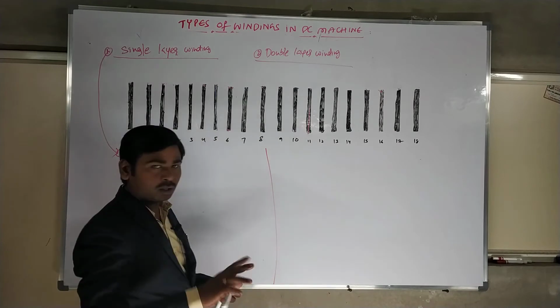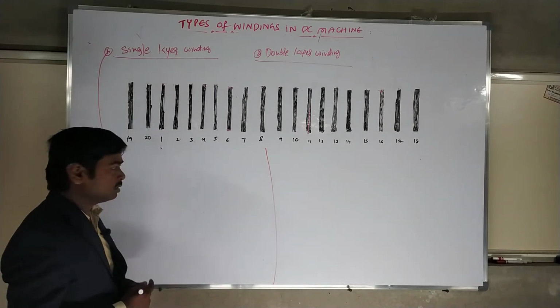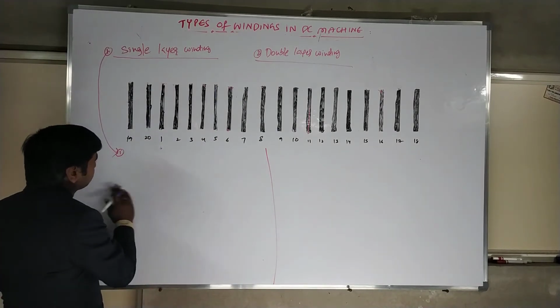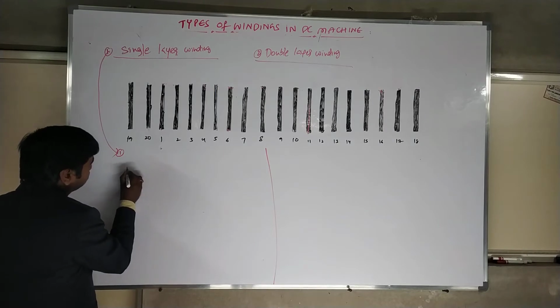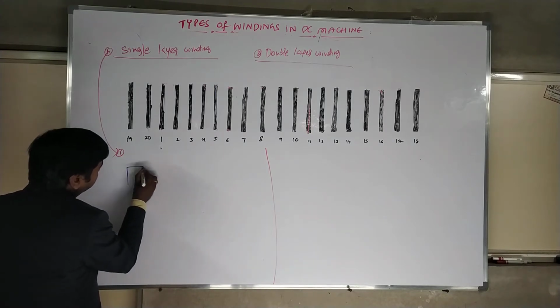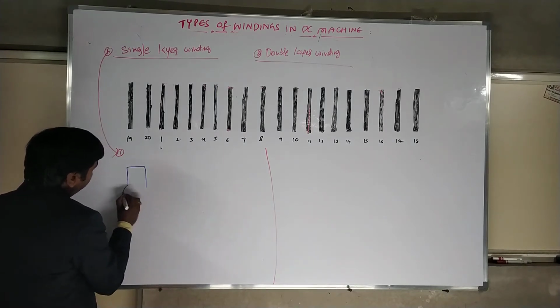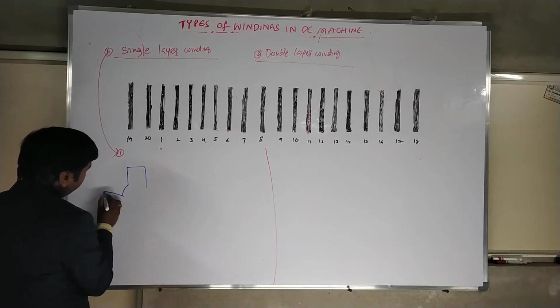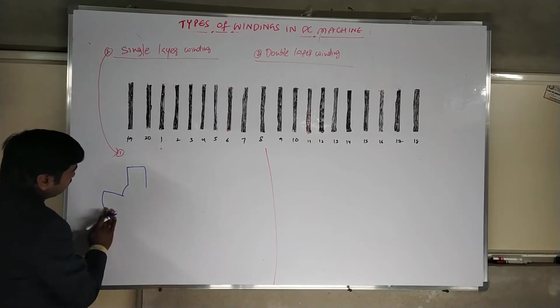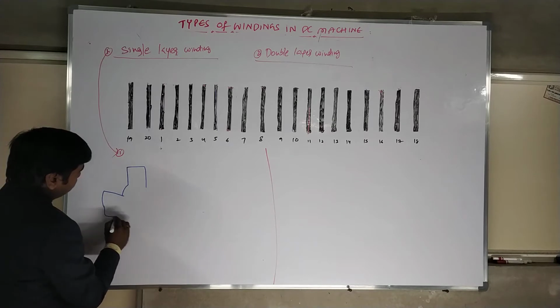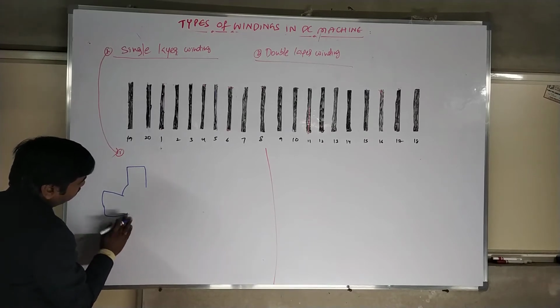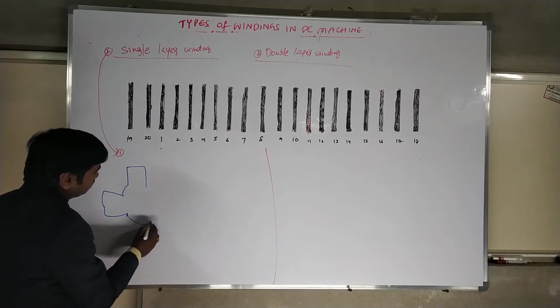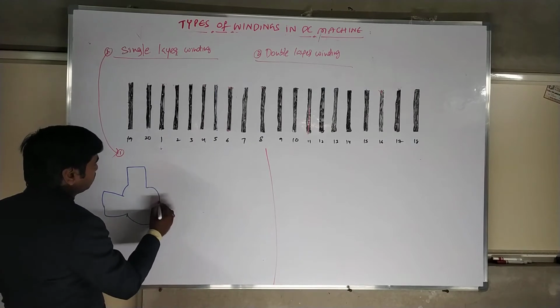So I will draw the armature core and commutator segments. To understand very clearly, I am drawing the armature core in a cylindrical manner over here. Try to think of it as an armature core. Don't worry about whether the proportions are exact.